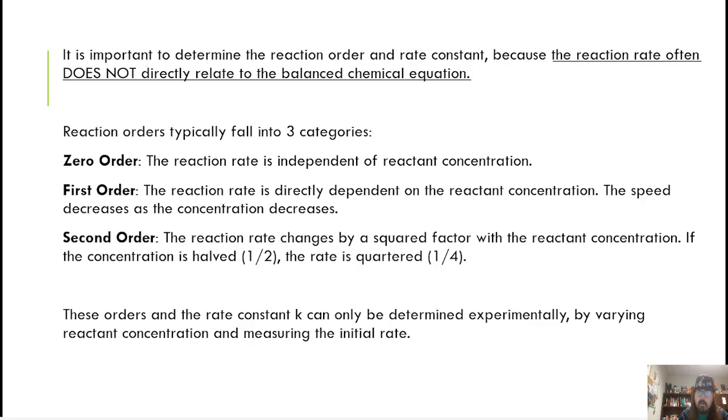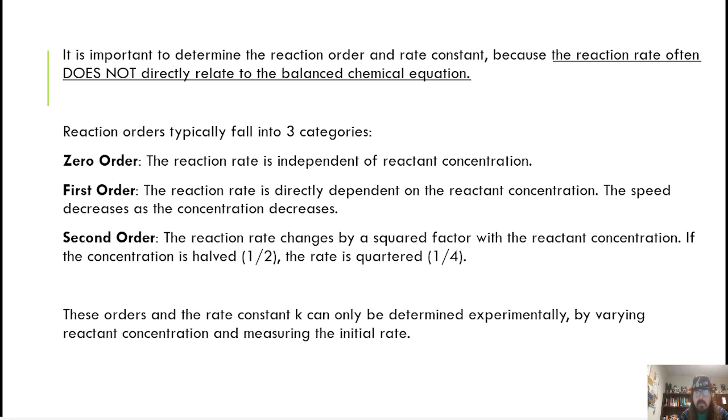Now, as I said, when we determine the reaction orders and the rate constants, we do not look at the balanced chemical reaction. These often do not directly relate to the coefficients of the balanced chemical equation.